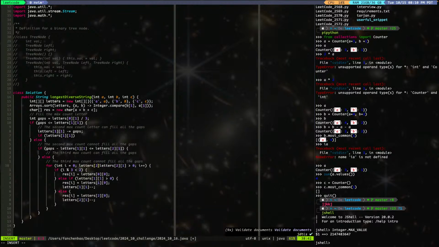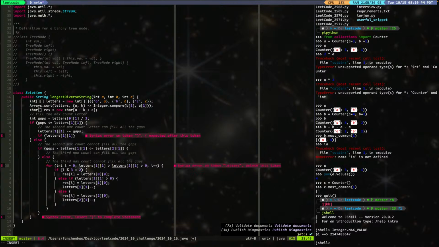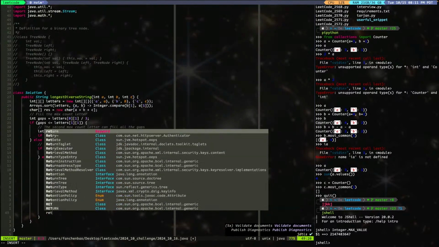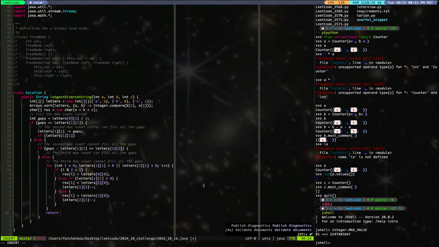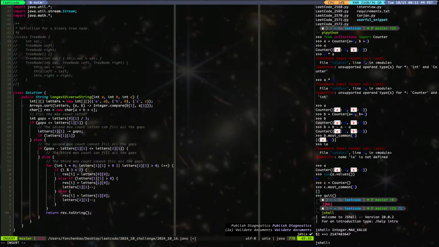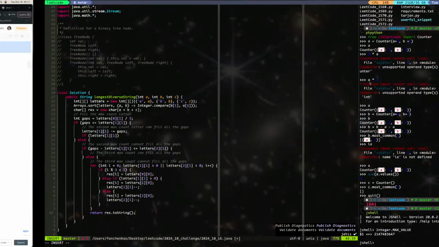Say letters 1 is larger than 0, or one of them is larger than 0, and then we can keep going, right? Okay, now we get out. I think we can probably just return res.toString. Right, I think this is how char works. Actually, we can try this.